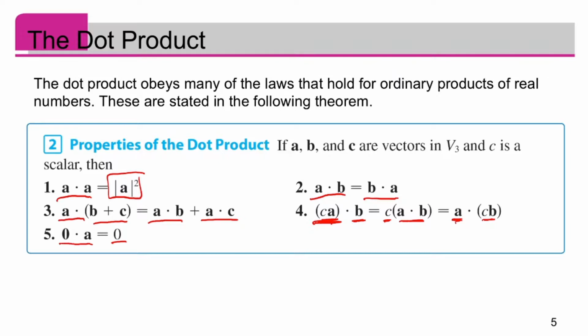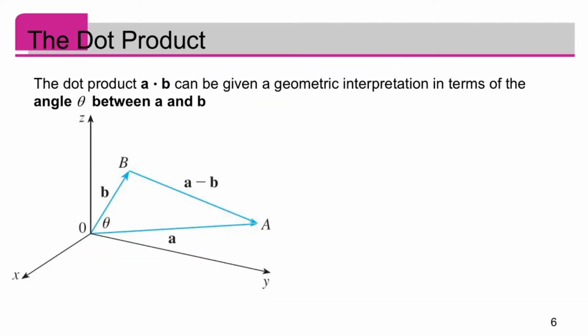So those are just some useful things to know about vectors. Probably the most useful thing about dot products of vectors is that the dot product is related to the angle between two vectors. To see how you get the dot product out of this, we're going to use the law of cosines.